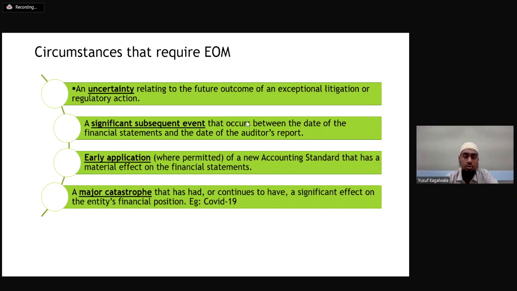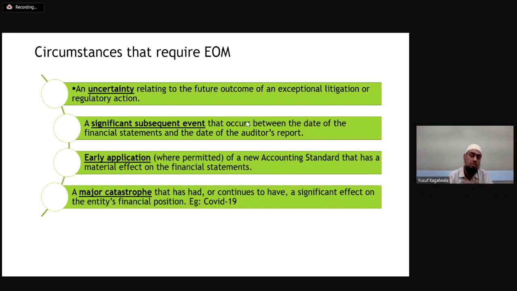Early application was permitted. In case of an accounting standard, for example, you can take Ind AS 116. Ind AS 116 was applicable from 1st April 2019. Now, some companies went for early application and did reporting for financials for the year ended 31st March 2019 as per Ind AS 116.